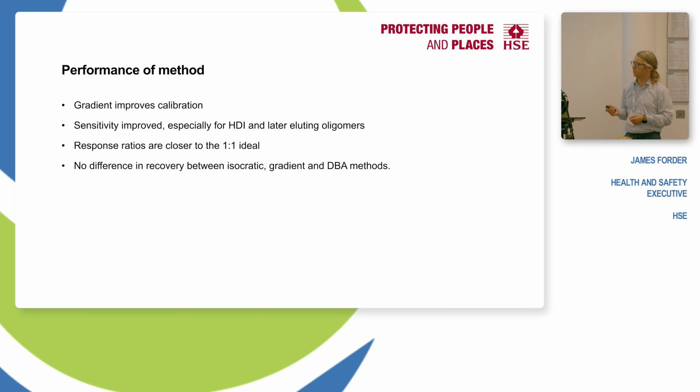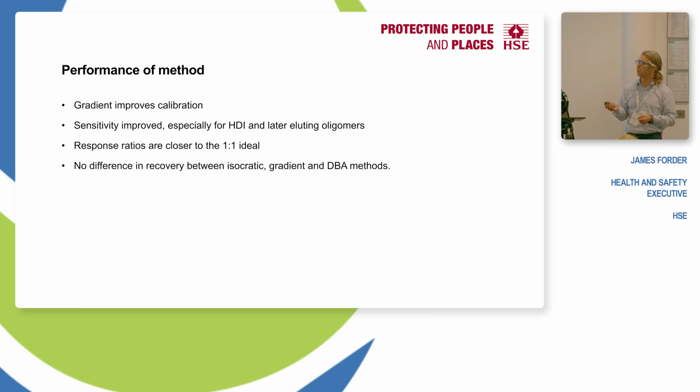Response ratio, I haven't talked about response ratio very much, but I mentioned relative response to the detector. That allows you to identify the peak of an isocyanate. Now, ideally, the monomer and the oligomer should have the same relative response, but in MDI, response ratios were experimentally determined to be between 0.7 and 1.8.